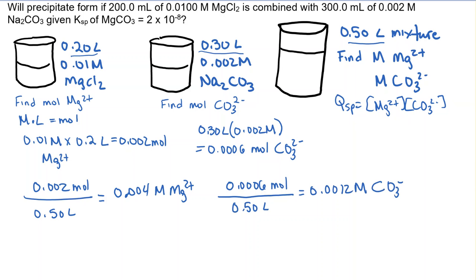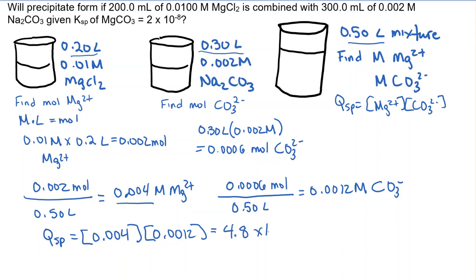And last step, we put that into our expression for Qsp. So Qsp is equal to 0.004 times 0.0012, and we do the math, and that is 4.8 times 10 to the negative 6th.